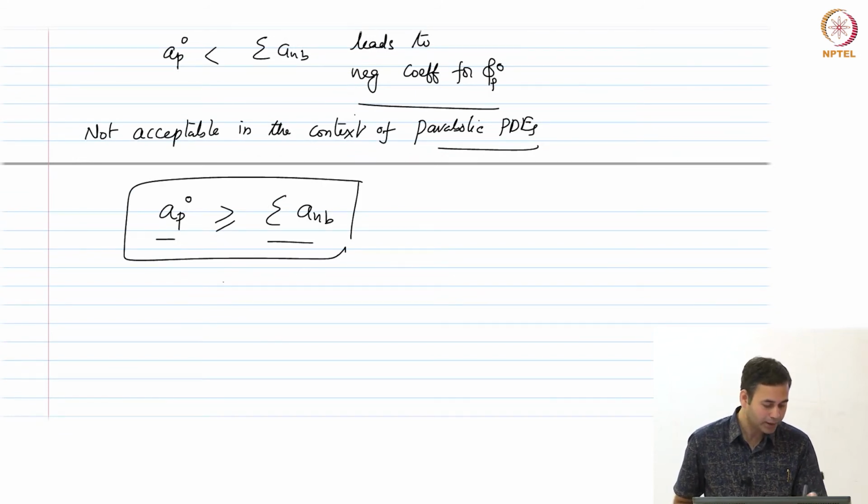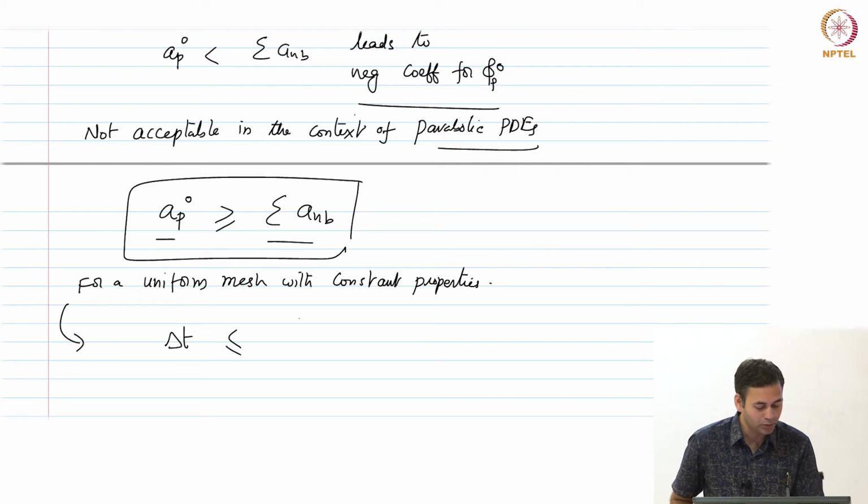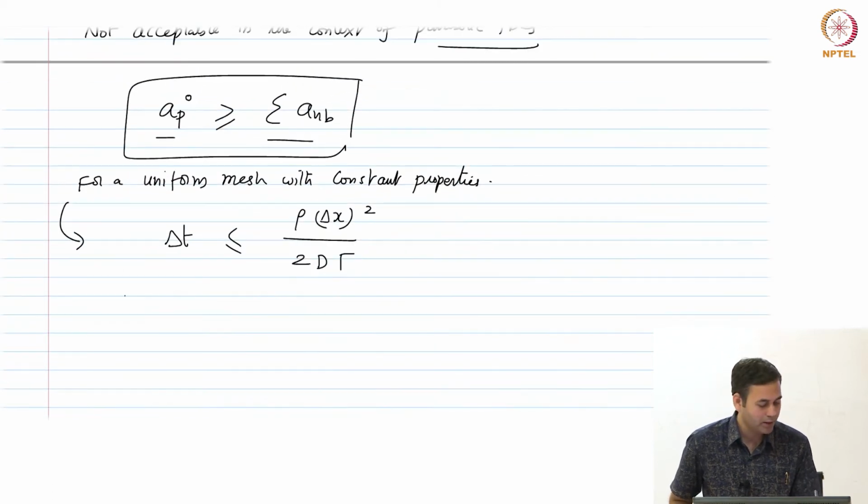We can show that this condition boils down, for a uniform mesh with constant properties, to something like this: delta t should be less than or equal to rho times delta x squared divided by 2 d gamma, where d is either 1, 2 or 3 depending on the dimension of the problem.